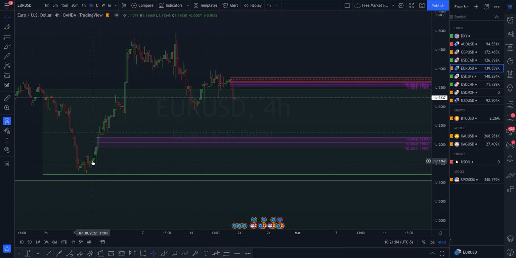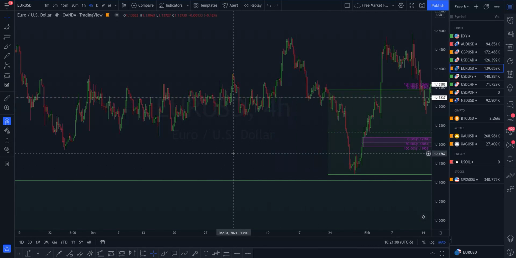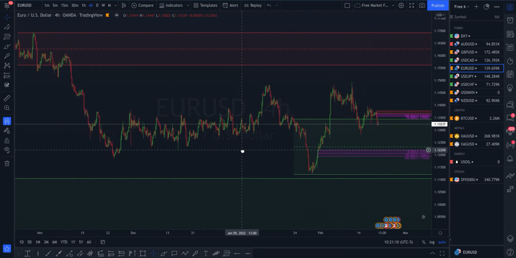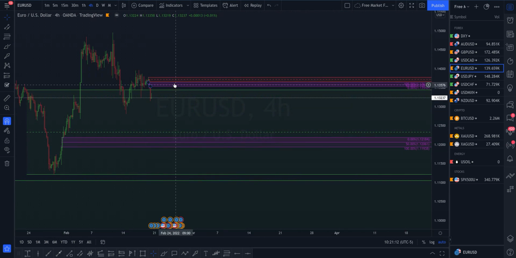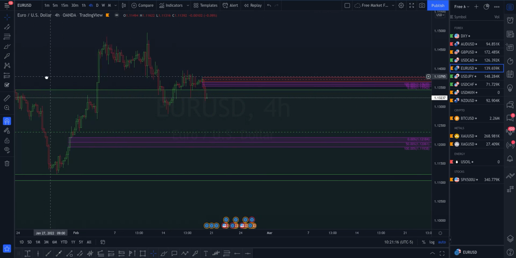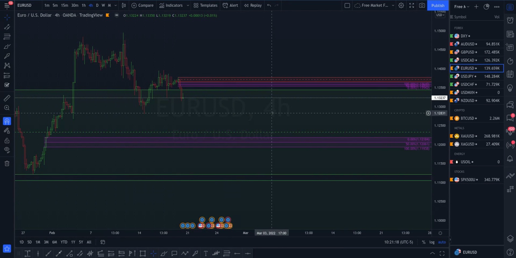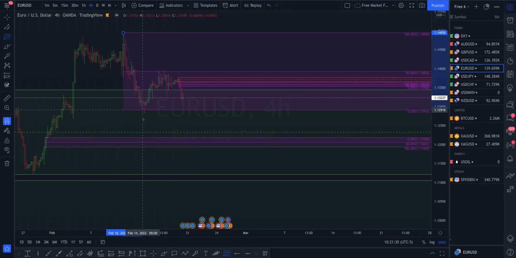Really no unmitigated 4-hour demands like that are pretty much close, but we do have unmitigated supply. So I would be looking for that. Let's grab our Fibonacci for a little bit of confluence.